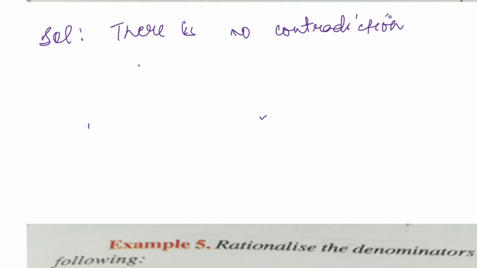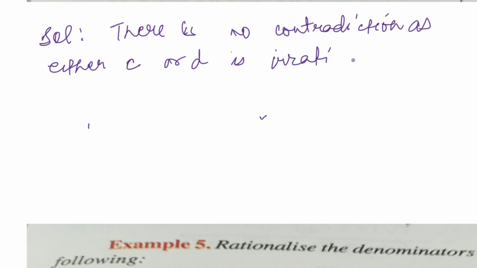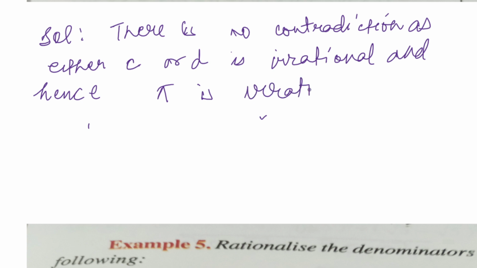There is no contradiction, as either C or D, circumference or diameter, is irrational, and hence pi is irrational.